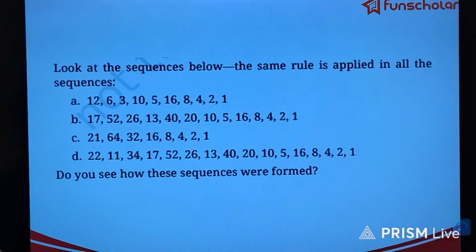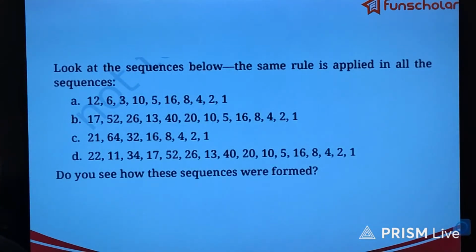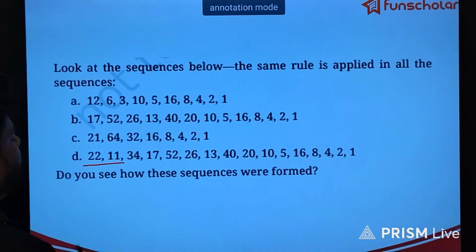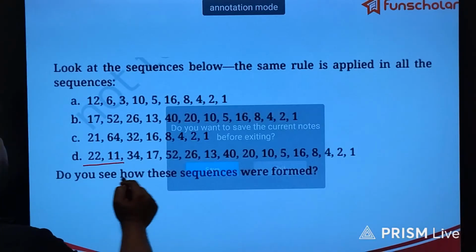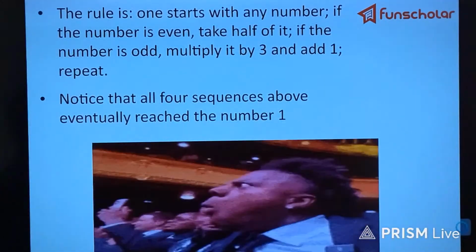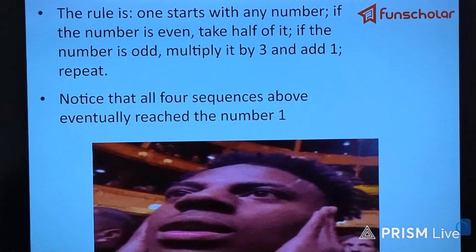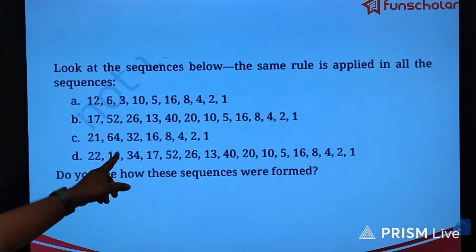Okay, so if we go from this side, if the number is even, divide by 2, so we will be getting the half, that is 11. Now what did they say in the next step? If the number is odd, multiply it by 3 and add 1. So we multiply by 3 and add 1, we get 34.